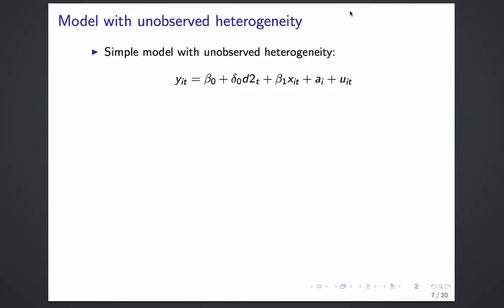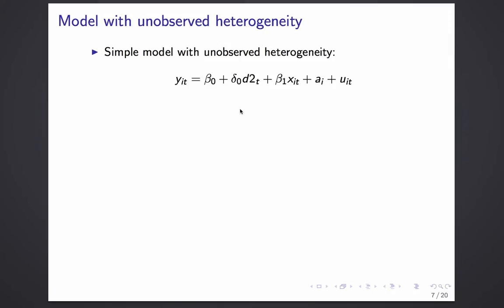Besides that, we have our one explanatory variable, x. And as is the case with the dependent variable, x has two subscripts, an i and a t, meaning that x varies across individuals and across time. In this model, a 1 unit increase in x will have a beta 1 effect on y on average. Note that this effect doesn't vary across time, so it's assumed to be constant across the two time periods.